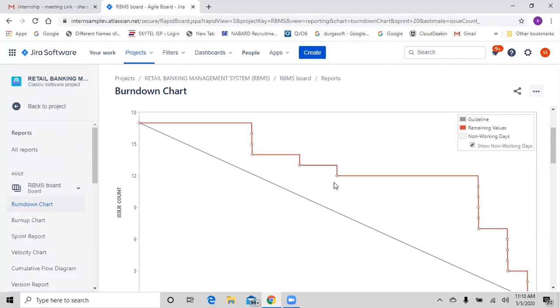So Karthik, can you tell Dilip about your work done in the sprint? Why is the graph fluctuating like this instead of straight and flat? Which sprint is that?